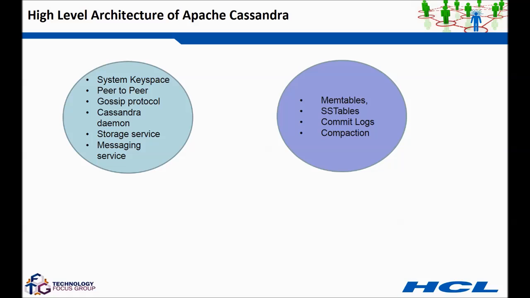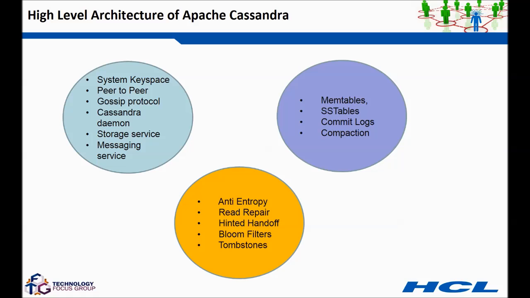Another set of services you can call data related services, which are memtables, SSTables, commit logs, and compaction. The first three are the functional components based on which your read and write operations happen in Cassandra, and compaction is related to the compaction of that data.